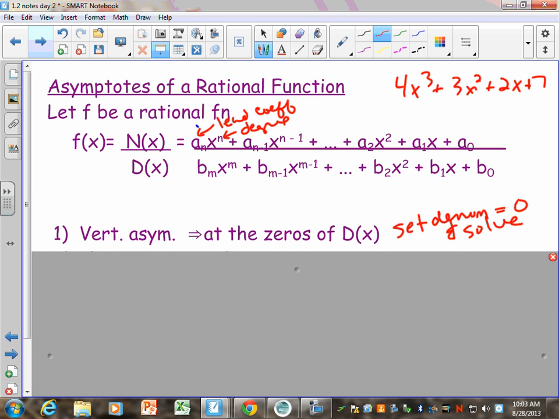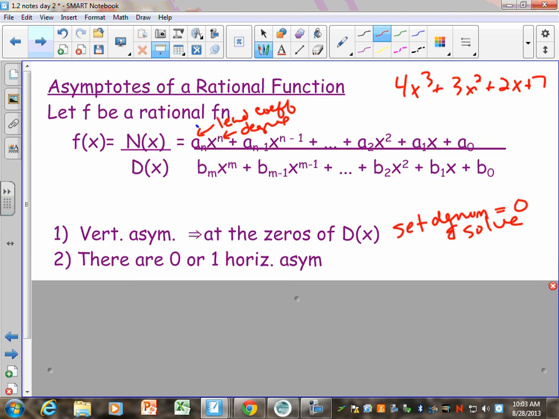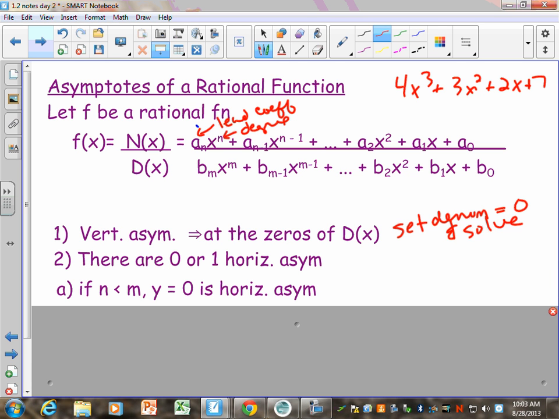The other type of asymptotes are horizontal asymptotes. And if you remember, the reason I wrote this up like this is it's all about the degree of the numerator and the degree of the denominator. And there's rules for this. If we don't get through all this, I will put the rest up, or you can look in your book because it's there. There are different rules here, whether the degree of the numerator is bigger than the denominator, smaller, or equal to the denominator.